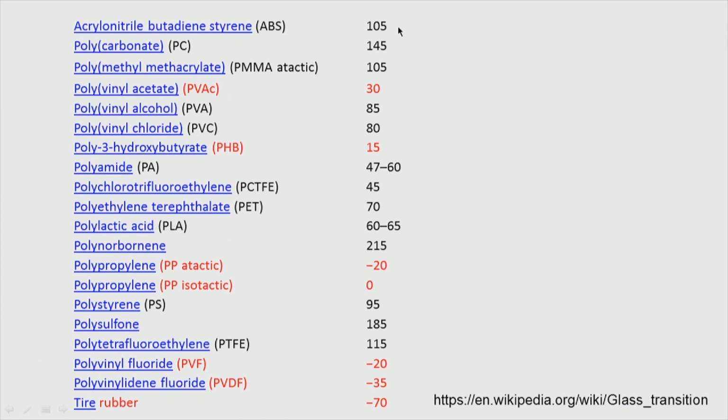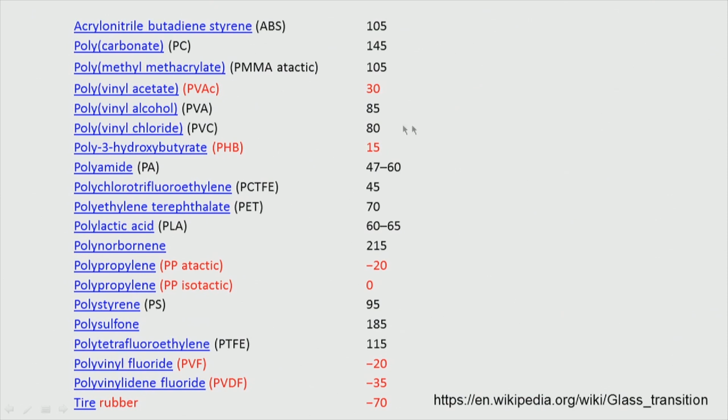Whereas acrylonitrile butadiene, polycarbonate, polymethyl methacrylate, polyvinyl alcohol, polyvinyl chloride, polyamides, PET, polyesters, polyethylene terephthalate, polystyrene, polysulfone and PTFE, polytetrafluoroethylene, have Tg above room temperature, above 30 degrees centigrade.